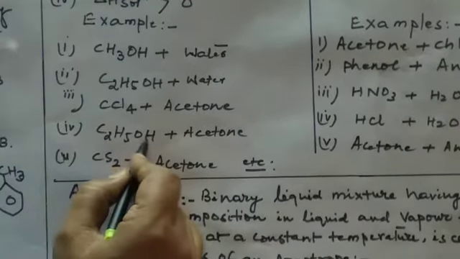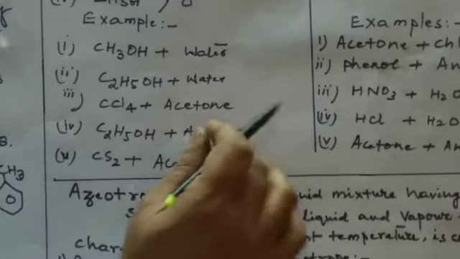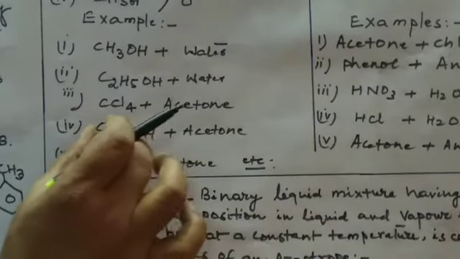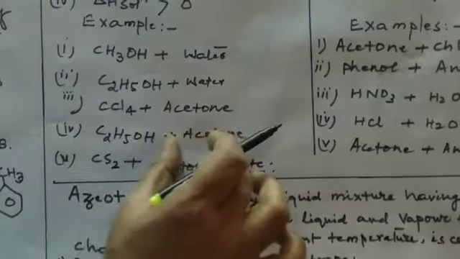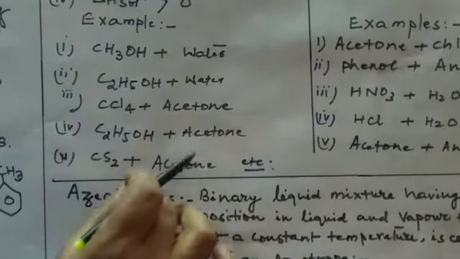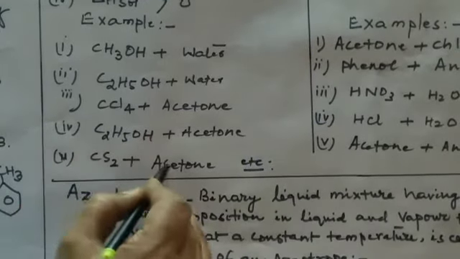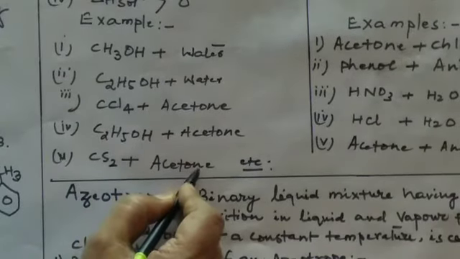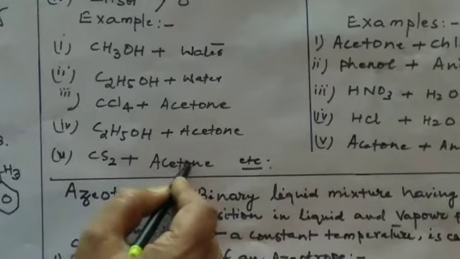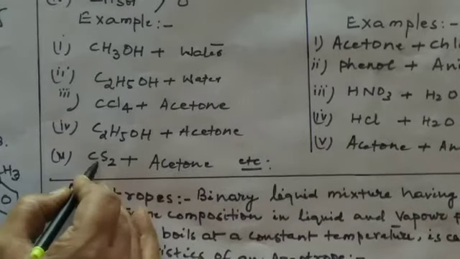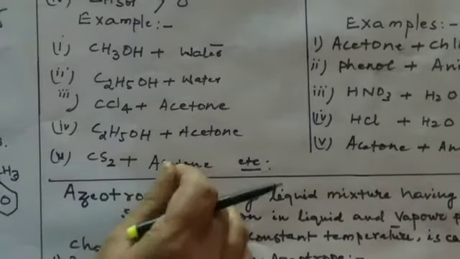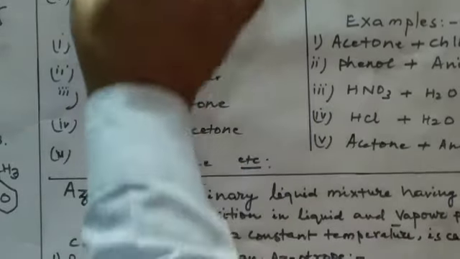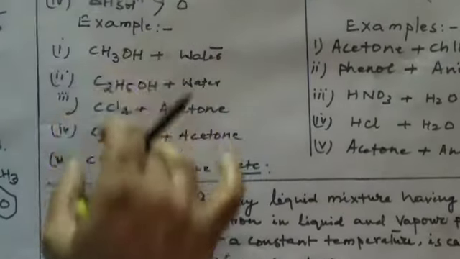Likewise, ethanol has hydrogen bonding. So when an acetone molecule comes between the two ethanol molecules, the interactive force gets decreased. CS2 and acetone: CS2 is non-polar and acetone is a polar molecule having dipole-dipole interaction. So when CS2 is mixed into acetone, dipole-dipole interaction will get lower, so they will show the positive deviation.